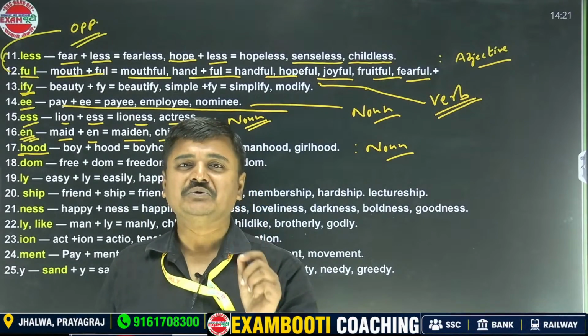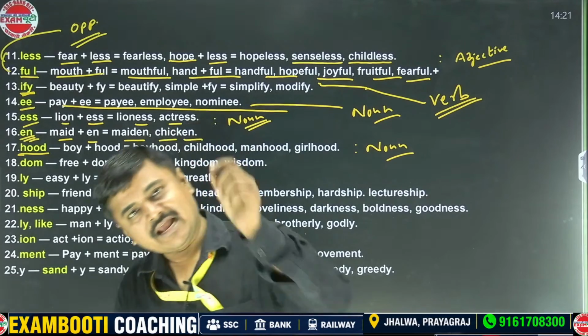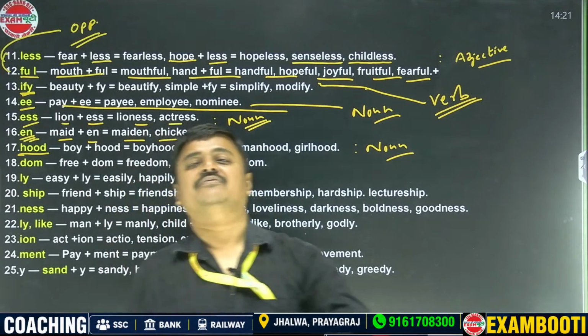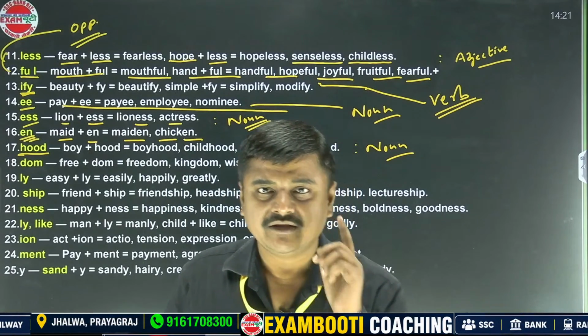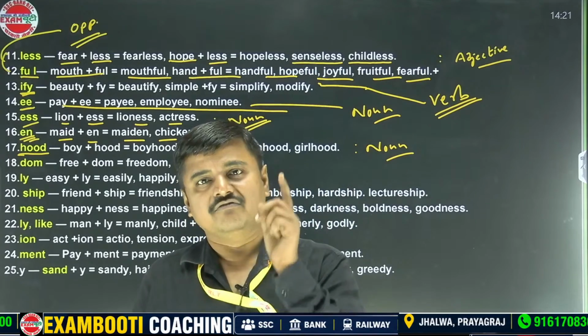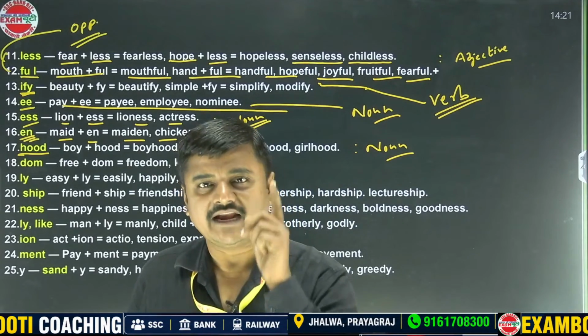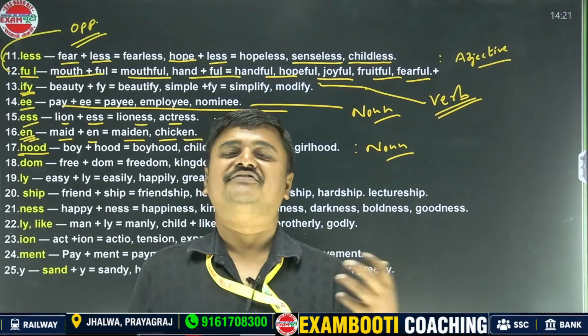It hints that the word will be a noun and an abstract noun. All the words ending in H-O-O-D as a suffix will be abstract nouns. This is the magic of the suffix.